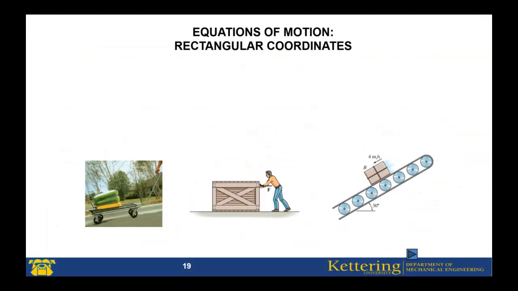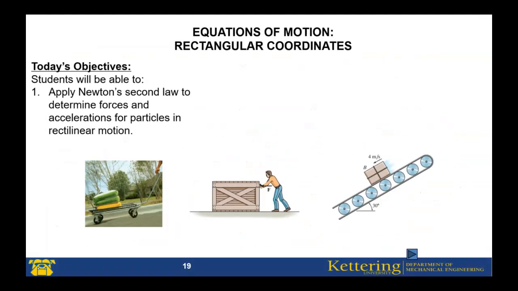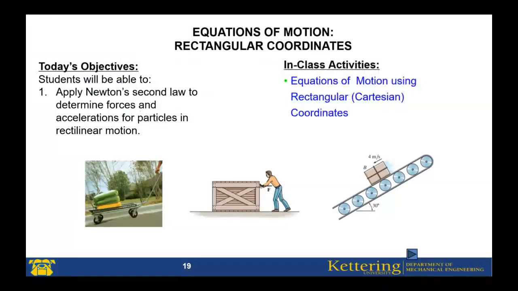Next, as I mentioned, this is the equation of motion in the vector form. But I want to develop this equation of motion and expand it for different coordinate systems: xy coordinate system, normal-tangential, and also polar coordinate system.